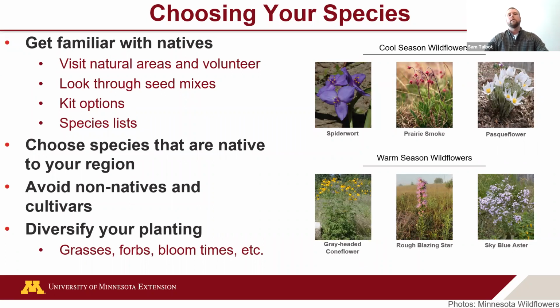And then you want to provide that food source throughout the rest of the growing season, and even into fall, where you're going to have a lot more of your asters. And then you have some really nice colors throughout the year. So figuring out which species you want when you go to a source like Minnesota Wildflowers or a nursery website, or whatever your favorite wildflower guide, choose species by looking at the different bloom times and spreading those throughout the year.